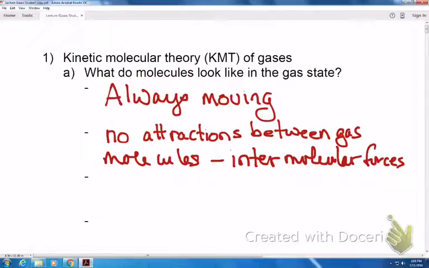Okay, so the other thing is when we talk about kinetic molecular theory, there's a lot of space between the molecules. Gas molecules' size is small compared to the space between them. They're really spread out.